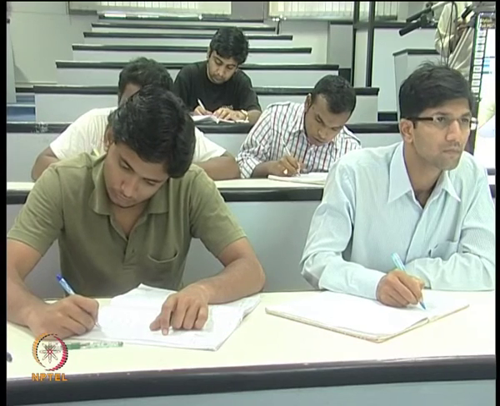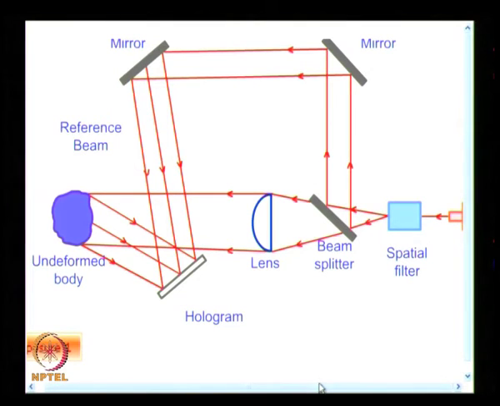The other issue was how to find out the fractional fringe order. If you look at many of the interferometric techniques, for example, the double exposure methodology in hologram interferometry, we will just have a look at that. What we had was one beam falling on the model, and another beam goes to the mirror and then gets reflected, and you call this a reference beam.